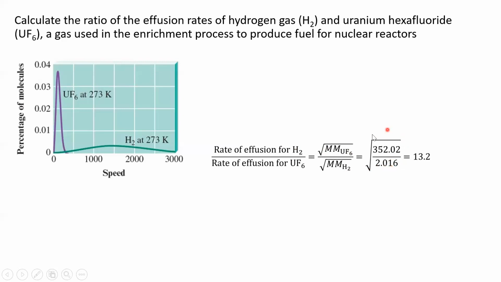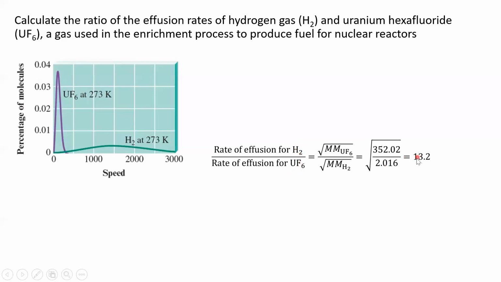And when we plug that into the calculator, we get 13.2 for an answer. Well, what does that number really mean? It means that the hydrogen gas molecules will be effusing 13.2 times faster than the uranium hexafluoride. It's a 13.2 to 1 rate of effusion.